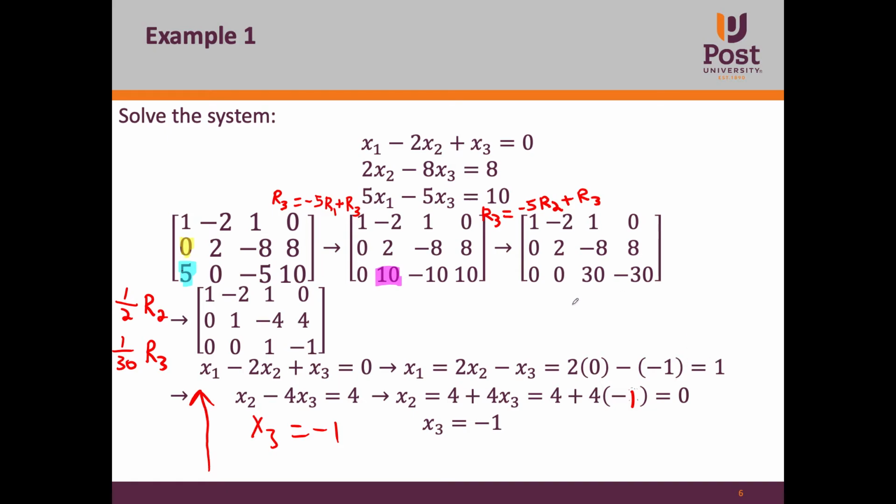So the solution that we get for this is the point 1, 0, -1, due to the values we got when we solved this. And this particular example is referred to as a consistent linear system. Consistent.